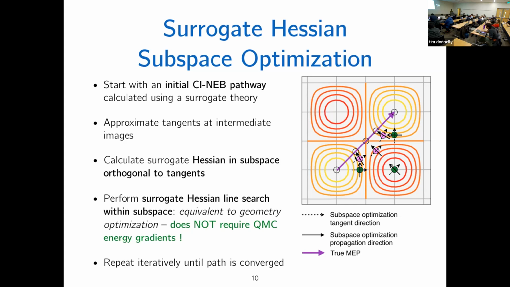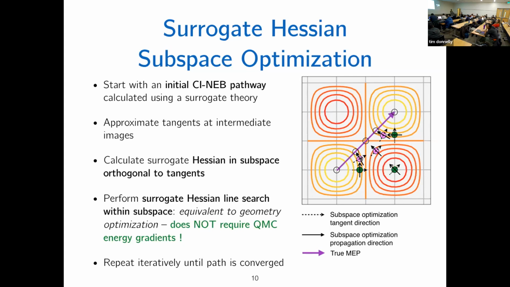And so within this subspace, you have to define an auxiliary mapping that goes from the structural parameters to this subspace. And then you just proceed as you would with a regular surrogate Hessian method, which is you compute a finite difference Hessian locally around each structure, which needs to have those directions and that origin well defined.